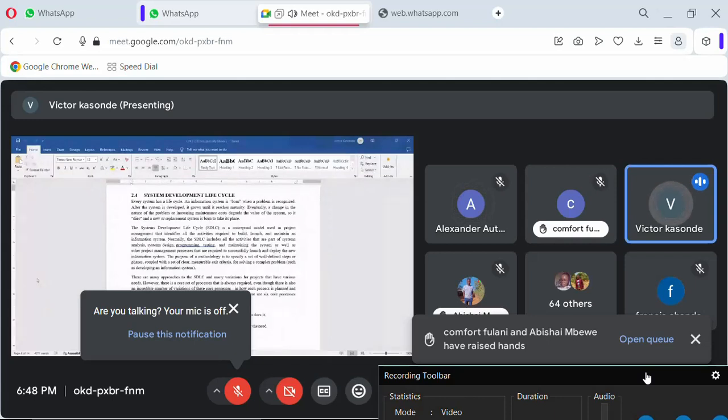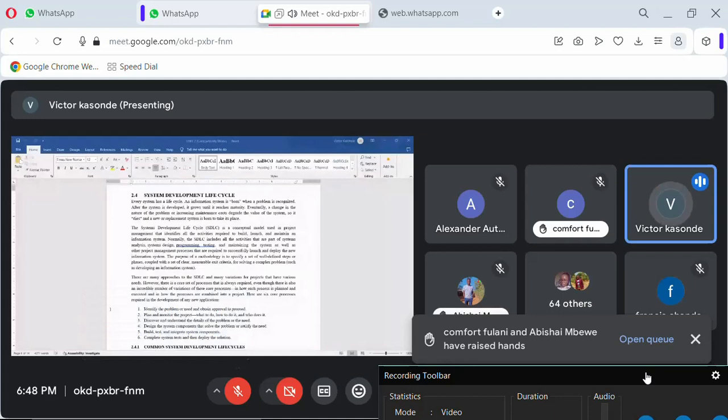Last 2 points. Where I say: further, information system eliminates repeated tasks and increases accuracy, and allows employees to concentrate on more high-level functions.